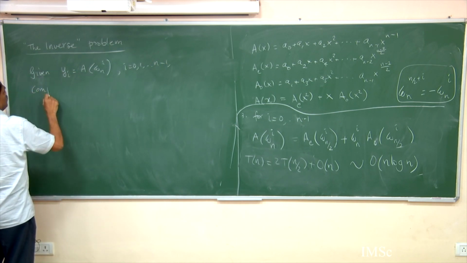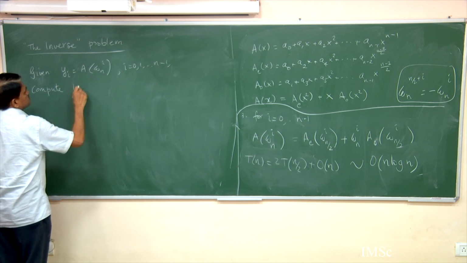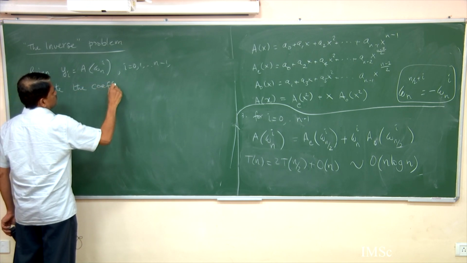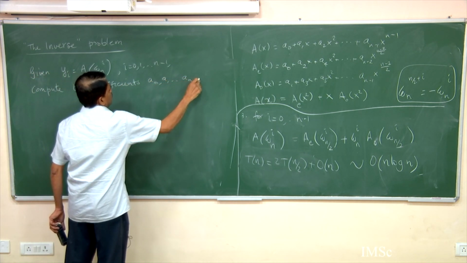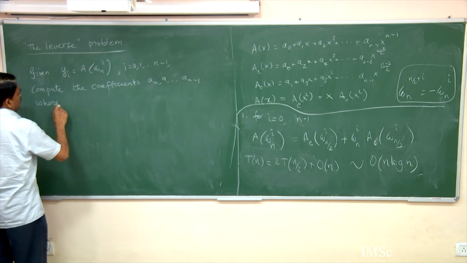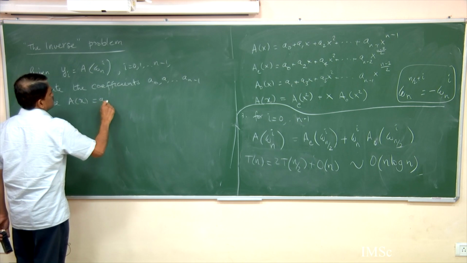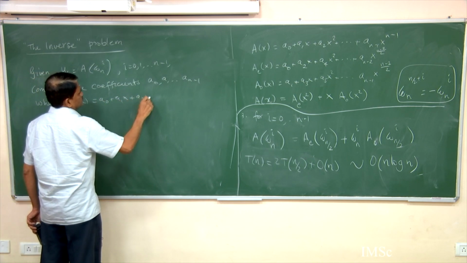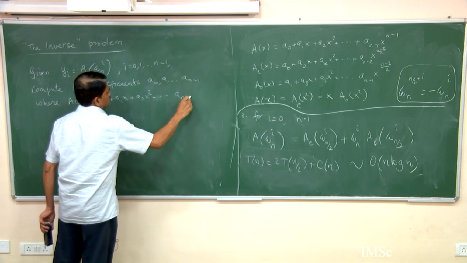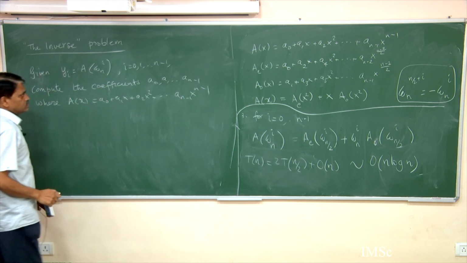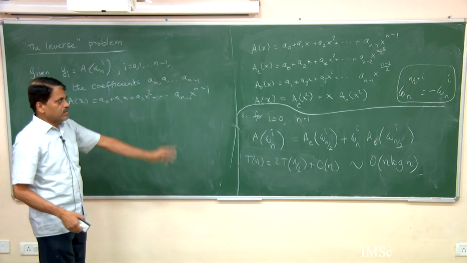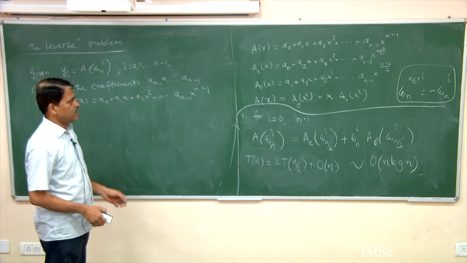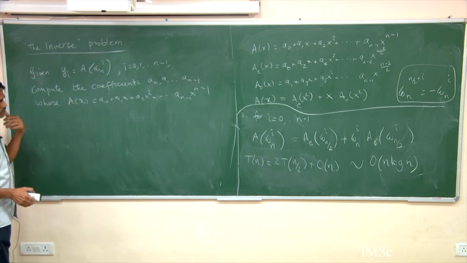Now compute the coefficients a_0, a_1, ..., a_{n-1}, where A(x) is a_0 plus and so on. Because ultimately your input is given in this coefficient form and I want the product in the coefficient form. So you evaluate, compute the product at these points, and now I want to get back to the coefficients.